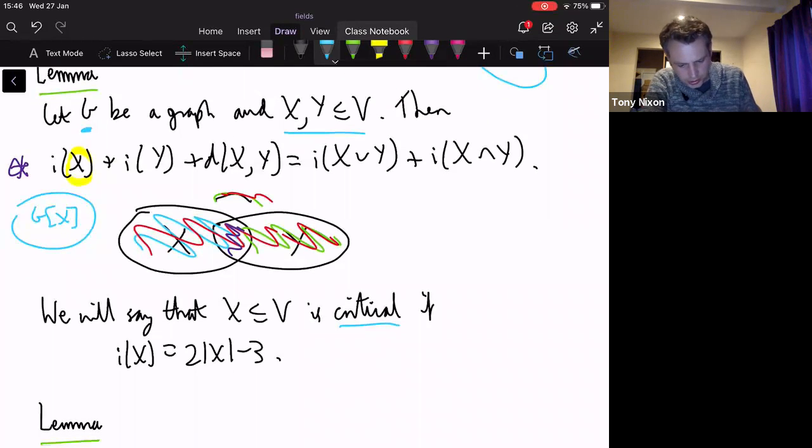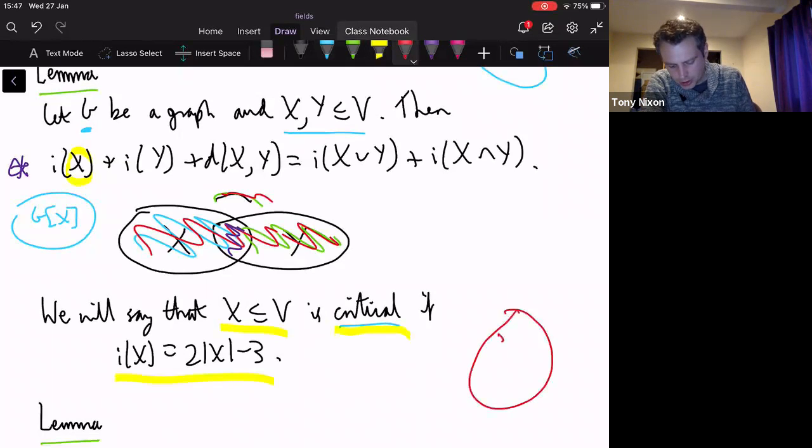Okay, so I was saying that if we take a subset X, I'm going to call it critical if it achieves equality. They're critical because these are the sets that can cause problems. Imagine in your graph, you have a set like this, X, and it contains V1 and V2, and I want to do a 1 reduction that deletes V0 and adds this edge.